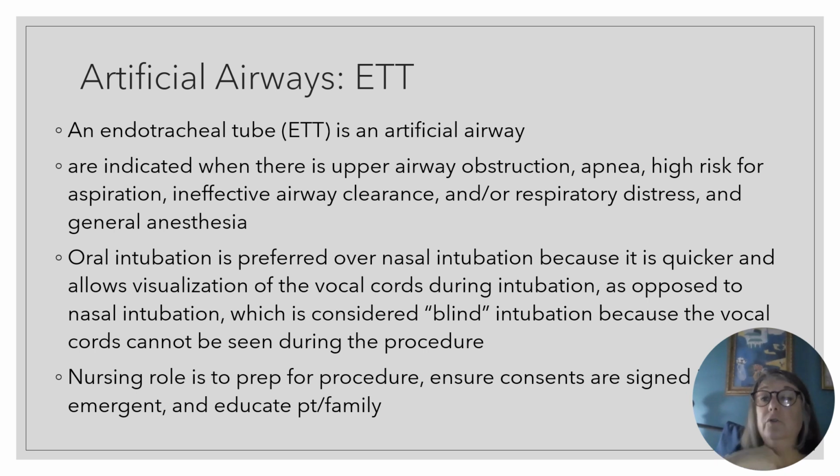It passes through the vocal cords down to the point of the carina, which is where the lungs bifurcate into the left or right. All right. So the problem with nasal intubation is we can't see what we're doing. When we do oral intubation, you go in, you have a scope, you can kind of see what's going on, and it's a lot easier process.